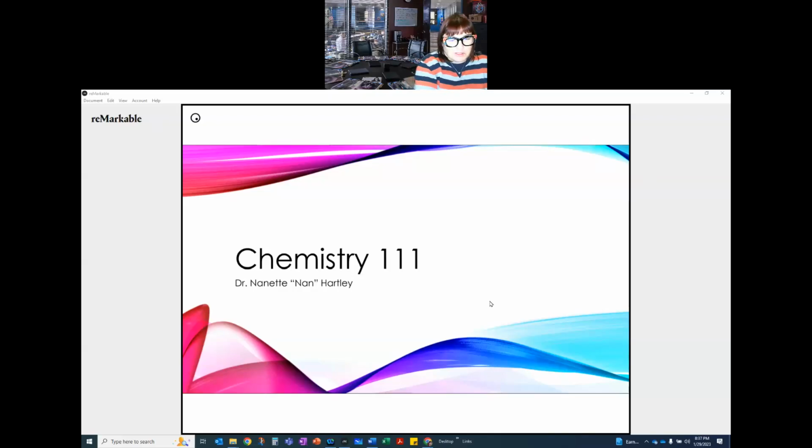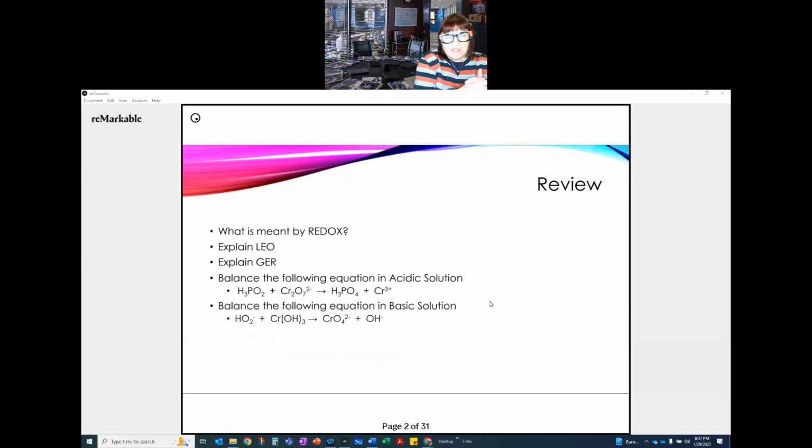The first thing we are going to talk about is, what do we mean by redox? What exactly does redox mean? Well, red is for reduction, and ox is for oxidation. We need oxidation so that atoms can lose electrons so they can be gained somewhere else.